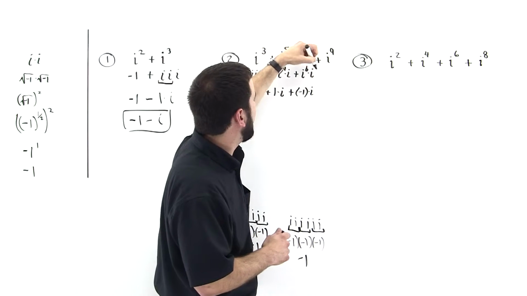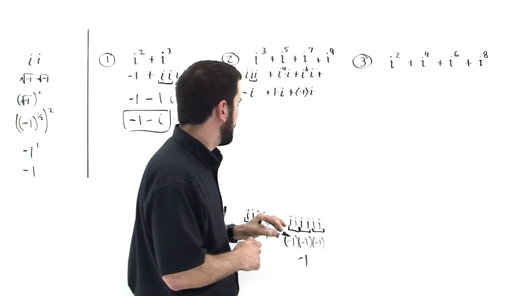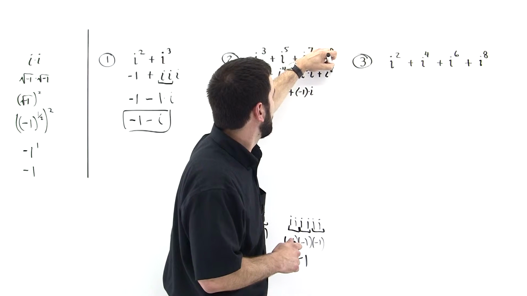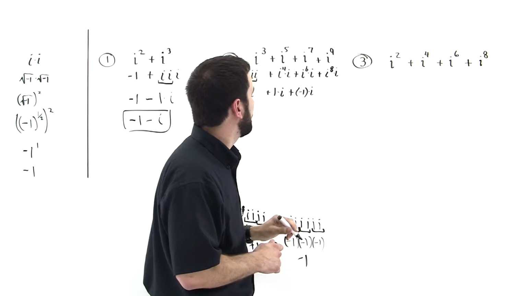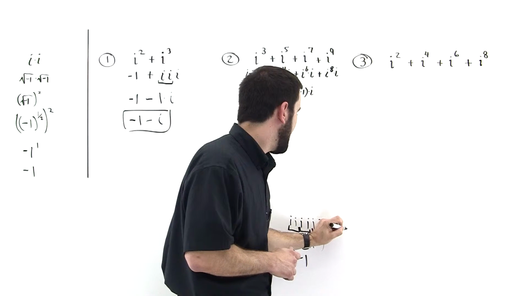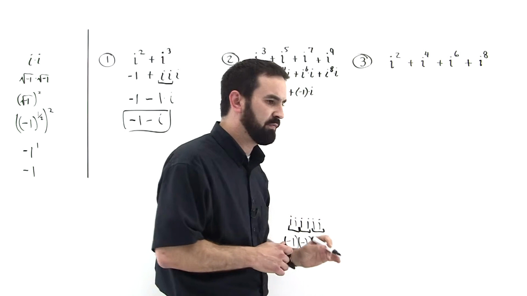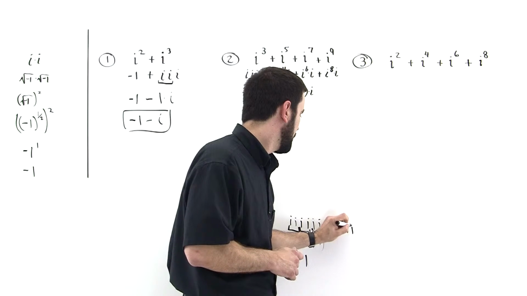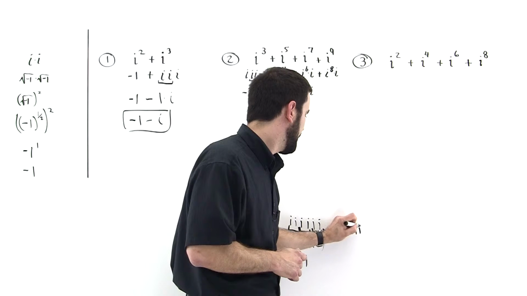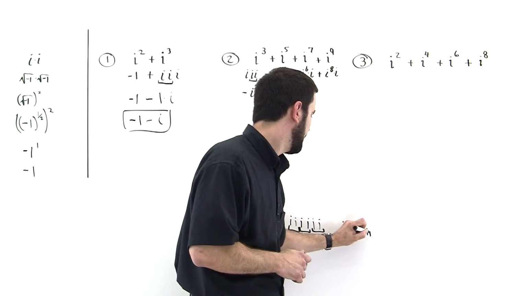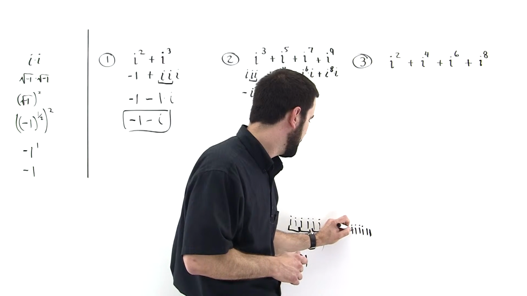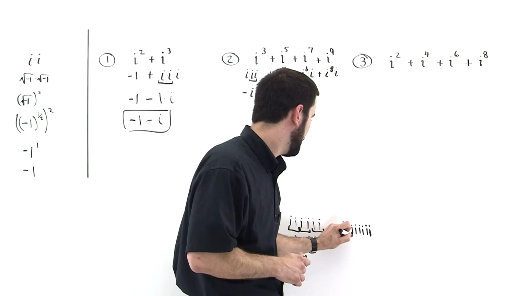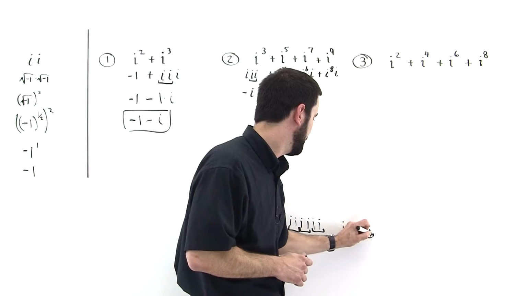And then we go to i to the 9th. i to the 9th is equal to i to the 8th times i, right? So i to the 8th is just 8 i's, so that's 4 pairs of 2. So we see this pair, this pair, this pair, and this pair.